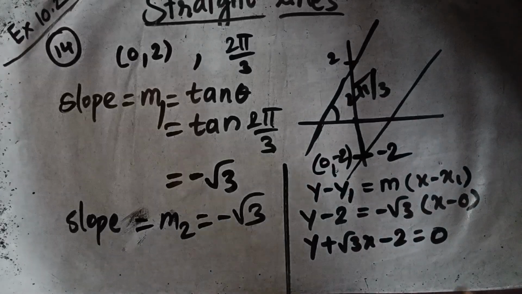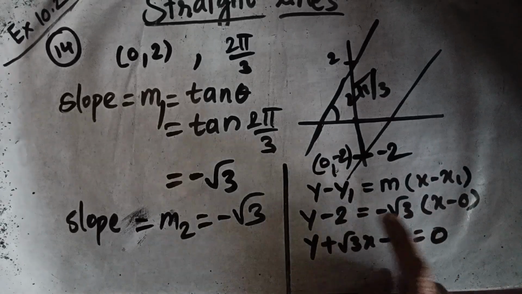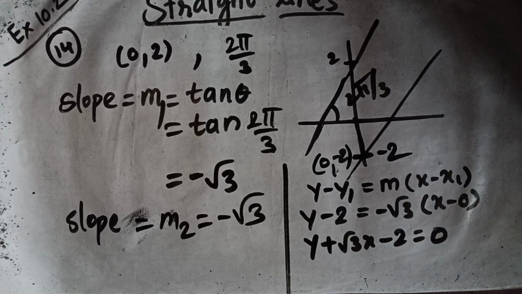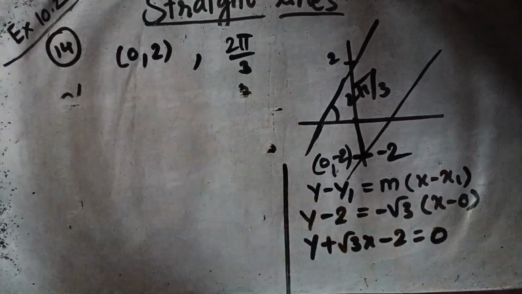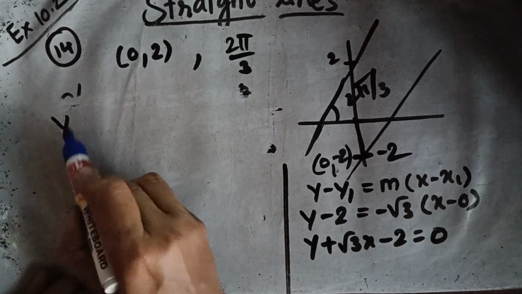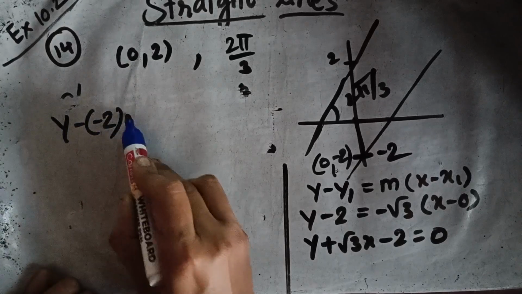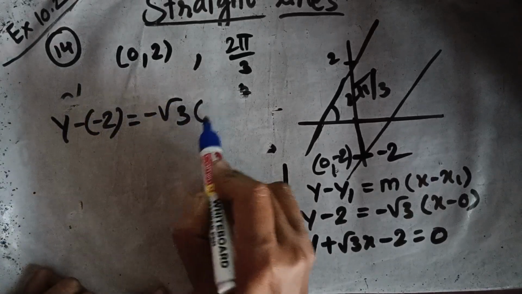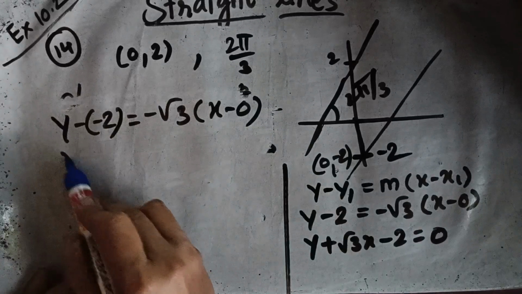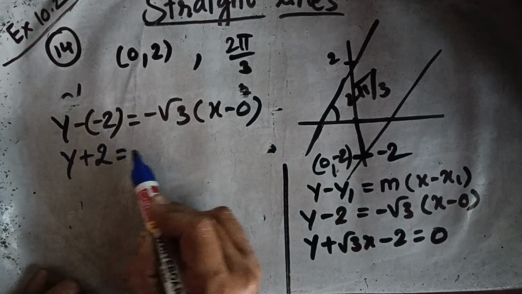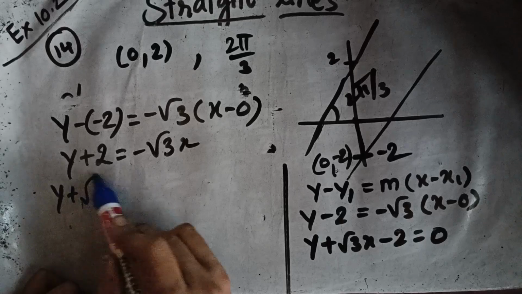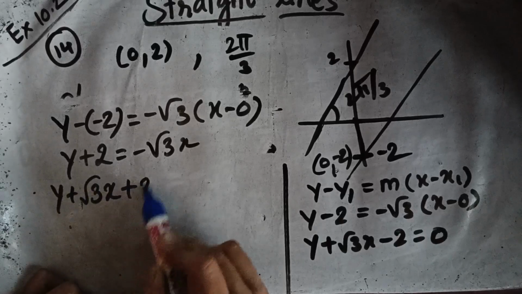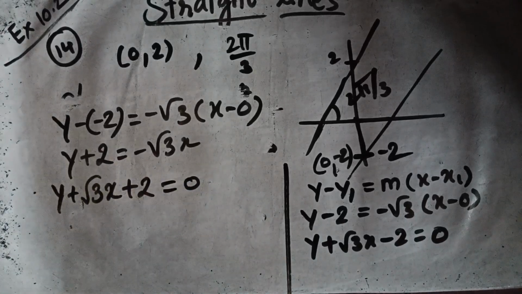So we have the same slope, but the point is (0, minus 2). Okay. So the equation of the other line is y minus minus of 2 equals m into x minus 0, equal to 0. Okay.